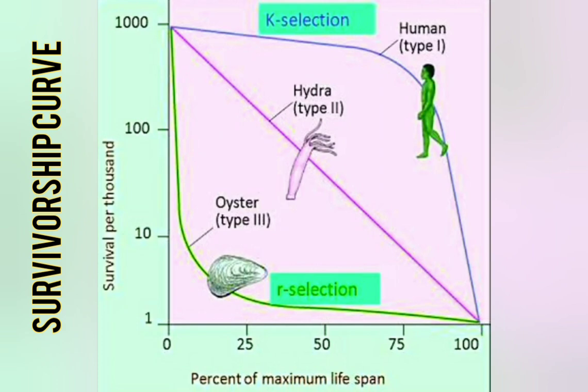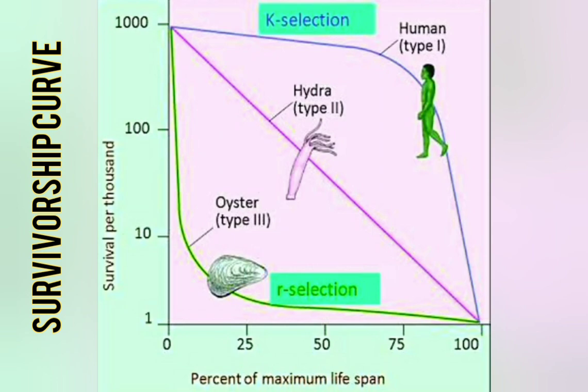Now the survivorship curve gives us an idea about the lifespan and survival patterns of the R-selected and K-selected species. The type 1 survivorship curve is represented by human beings. Type 2 is represented by hydra, and type 3 is represented by oysters. The type 3 survivorship curve is for R-selected species, while type 1 is for K-selected species.